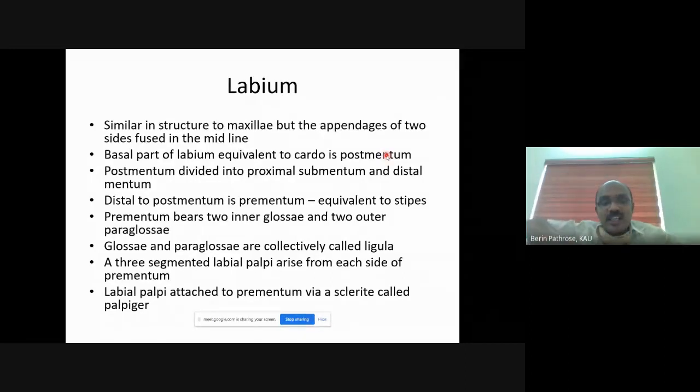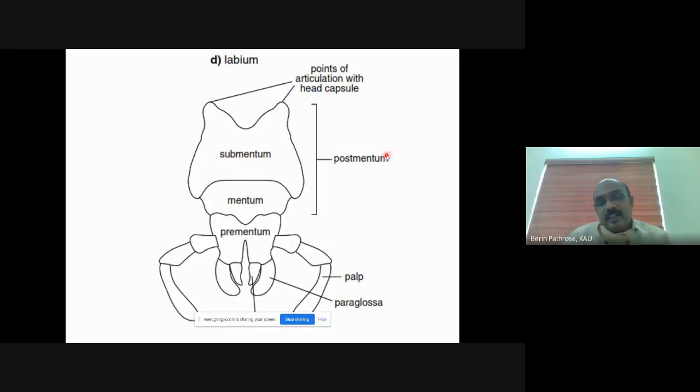Actually, these are two segments, but fused together. Just like maxillae, these are also a pair of segments, but they fuse medially towards the midline into a single structure called labium. So the structure is similar to maxillae, but fused along the midline. If we cut it lengthwise, the structure is almost similar to maxillae, but the labium is a single structure, unlike maxillae.